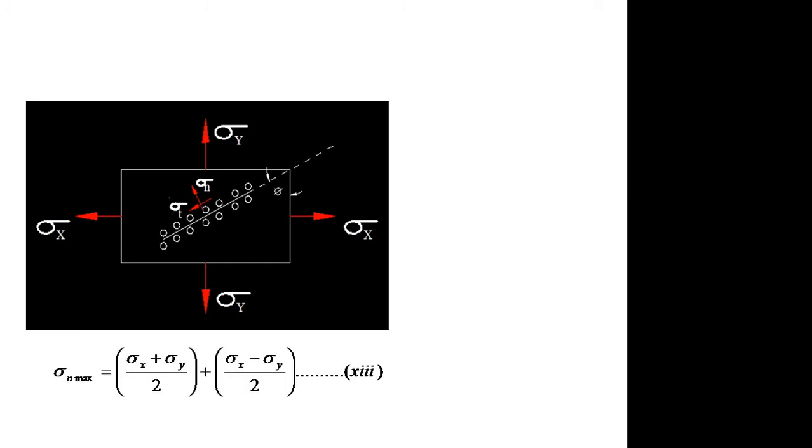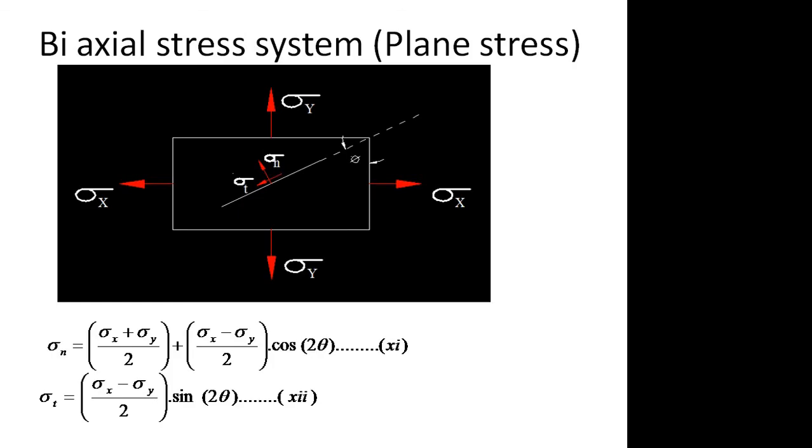Right. So now we can go for sigma n max and sigma t max. In the previous equation, you might have seen sigma n, so this is the equation for sigma n with cos 2 theta. For this to be maximum, cos 2 theta has to be 1.